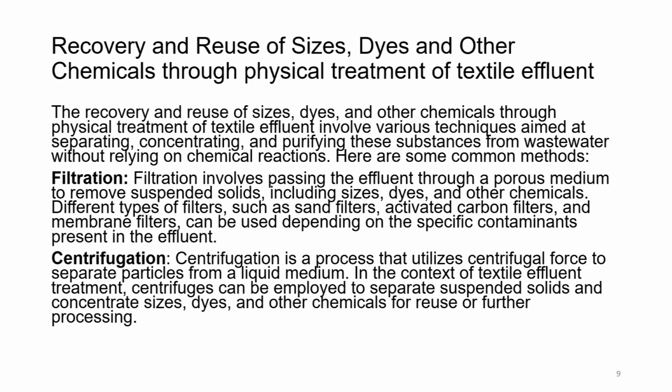Remember, when we started, we learned that there are three major types of processes that need to be followed for reducing the pollution load in textile effluent. One is physical, the second one is chemical and the third one is biological. So, right now we are emphasizing the physical method.